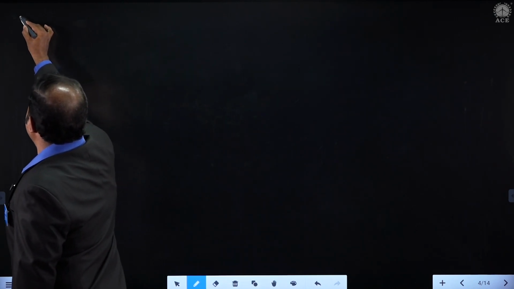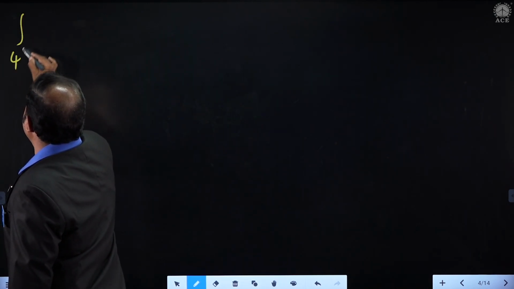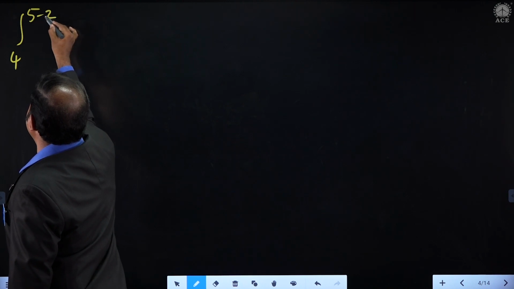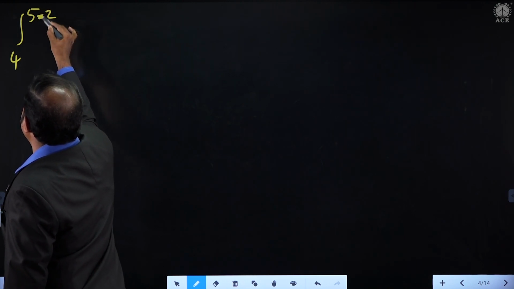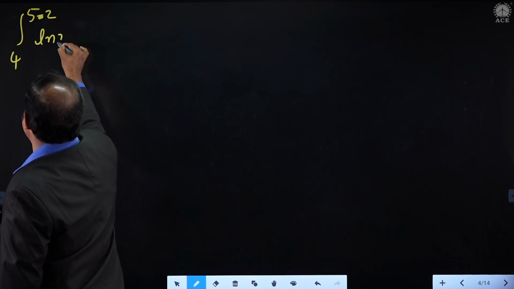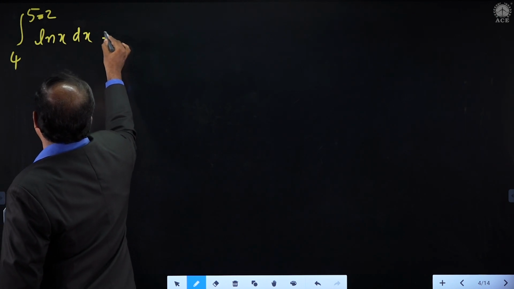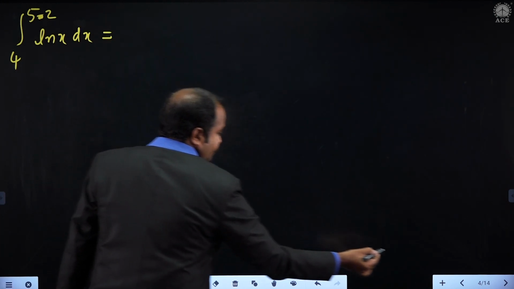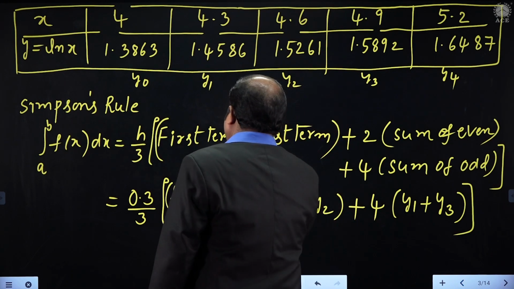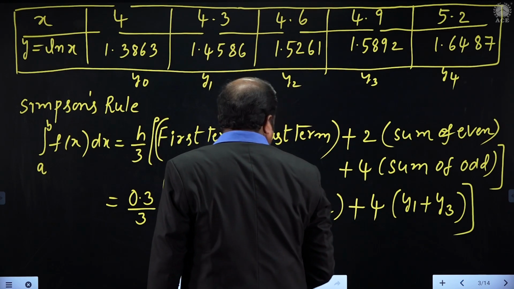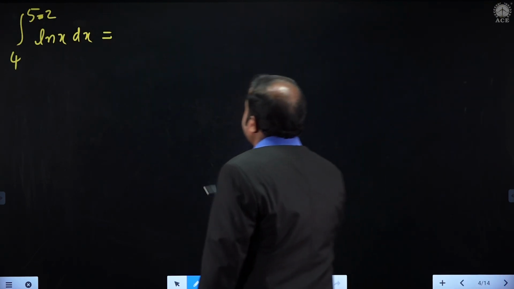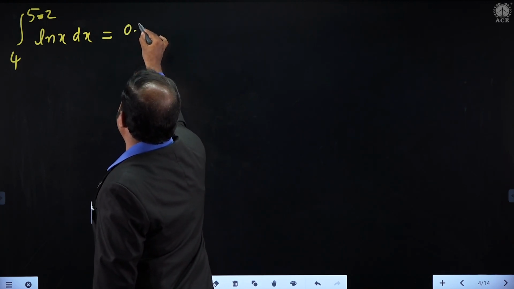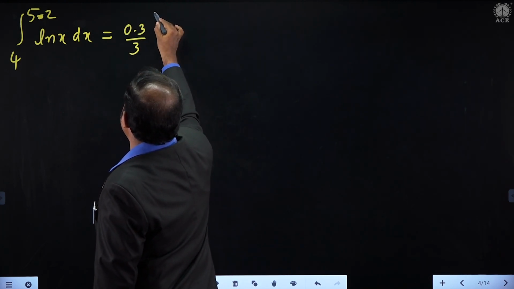So the integral from 4 to 5.2 of log x dx equals h by 3, and h is 0.3, so 0.3 by 3.